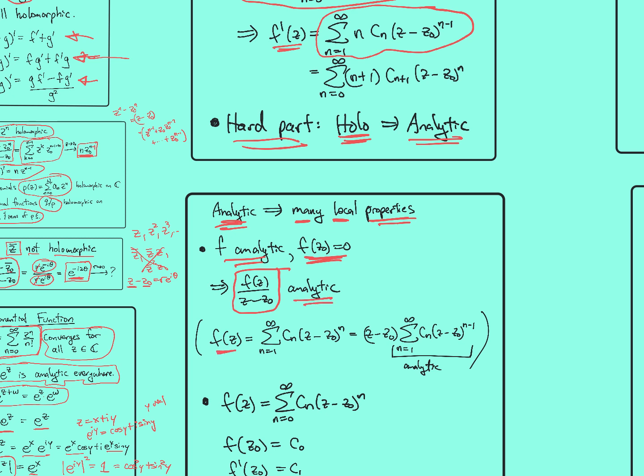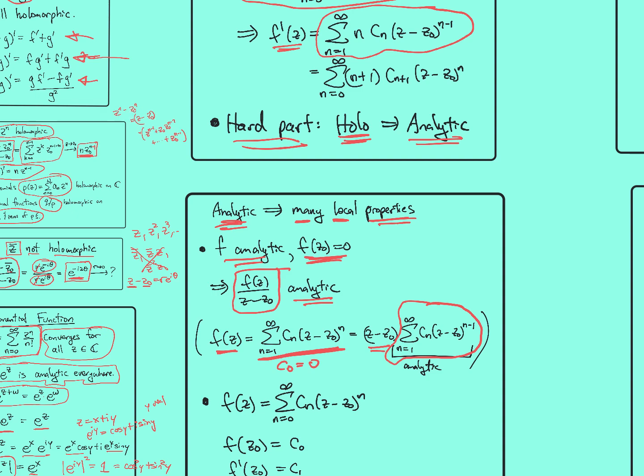The reason is f will have a power series representation, but the first term is missing because it equals 0. That means I can factor out a z minus z naught part, and the remaining part is still this nice convergent power series, and it will be analytic.